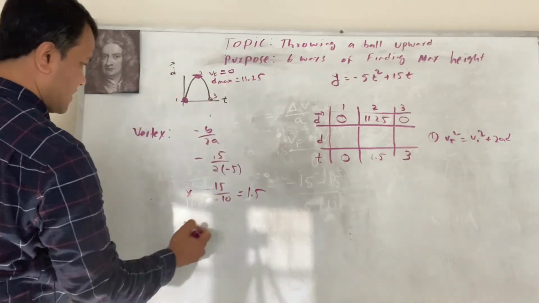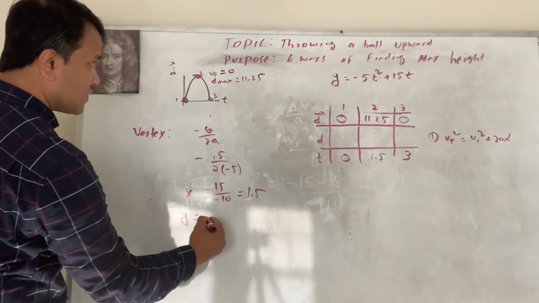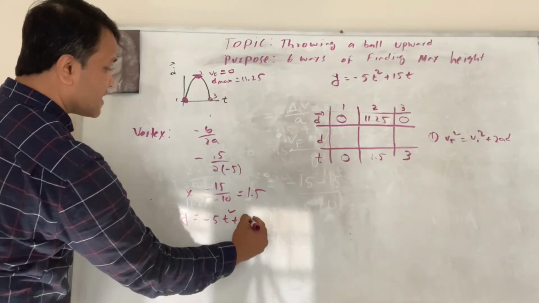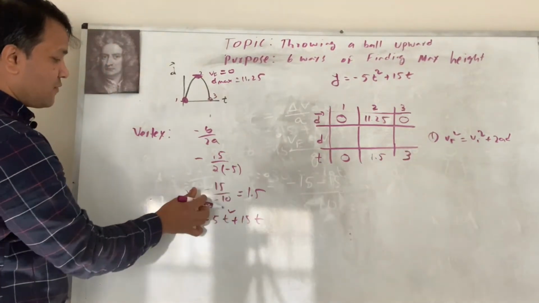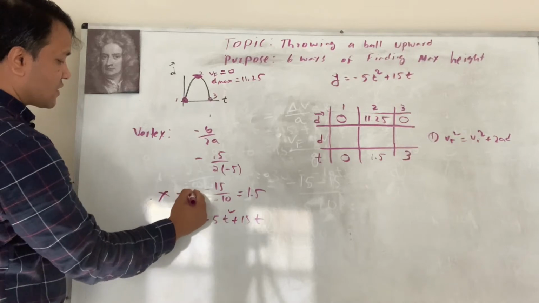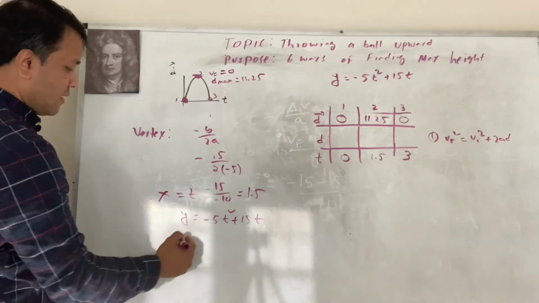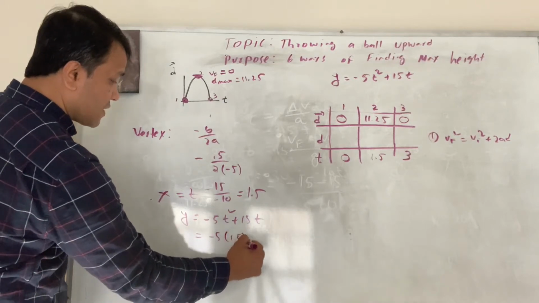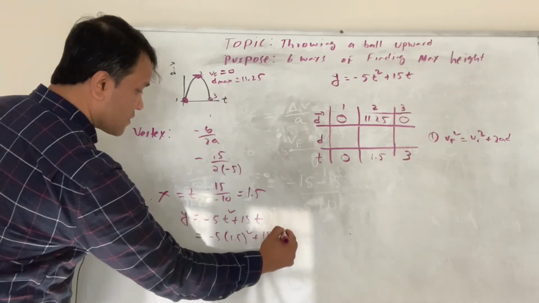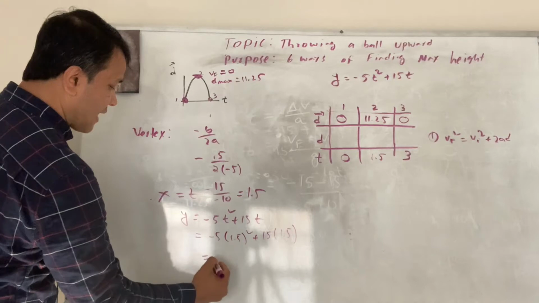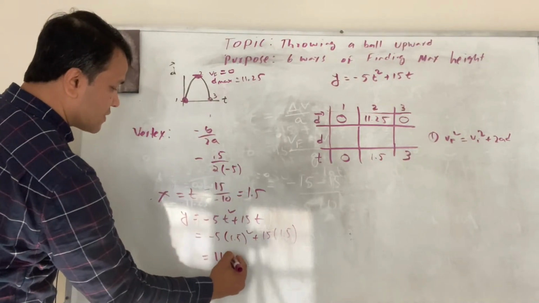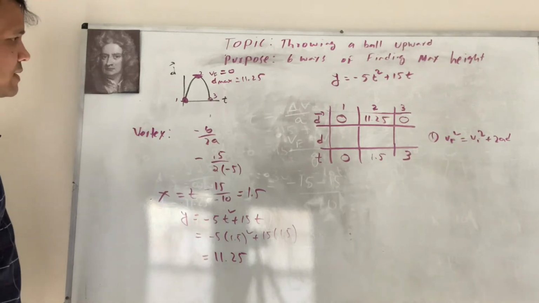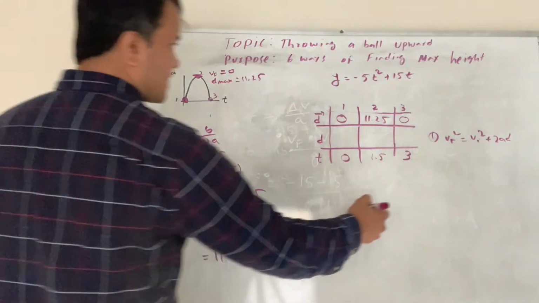Let's plug that in. y is equal to negative 5t squared plus 15t. You can call it x or you can call it t. So y is minus 5 times 1.5 squared plus 15 times 1.5, and that gives you 11.25. So this is another way you can get 11.25, using the vertex.